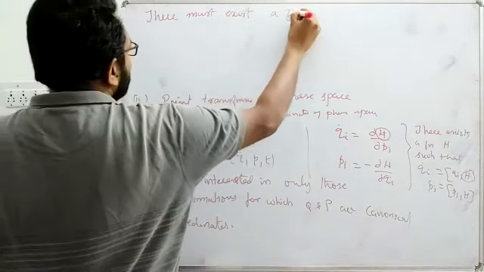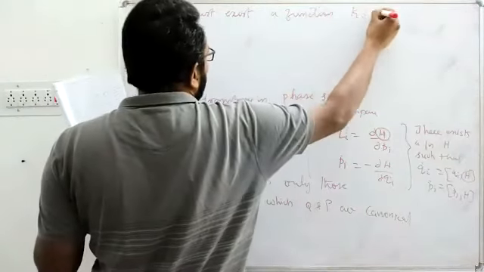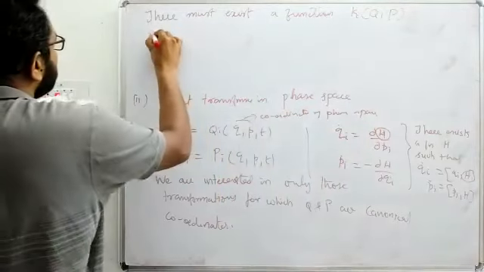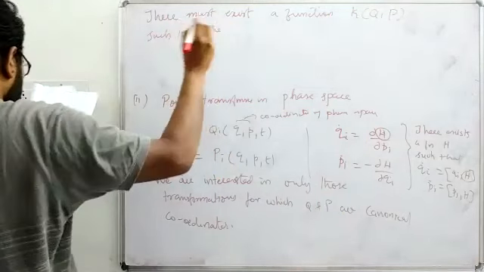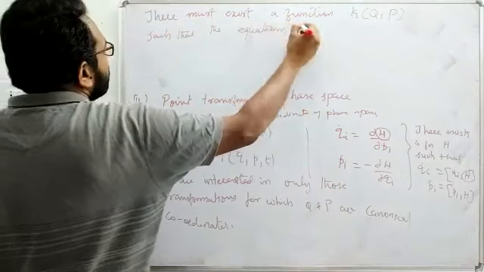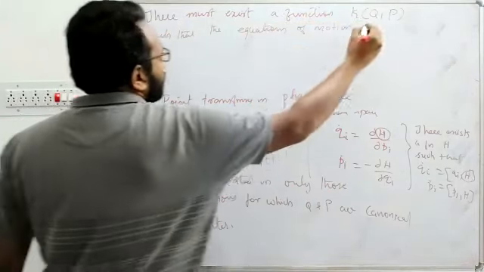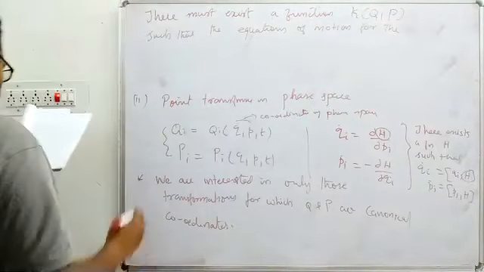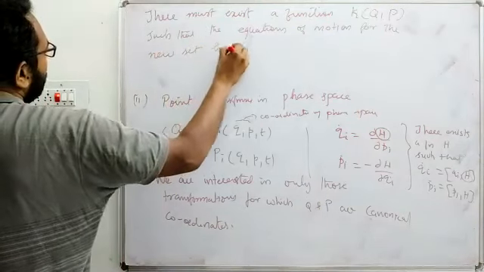So the idea is that if such a transformation has to be canonical, there must exist a function, let's say K of q, p, such that the equations of motion, or the time evolution equations, for the new set have the form.